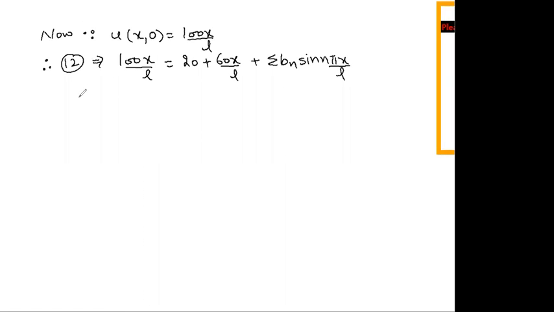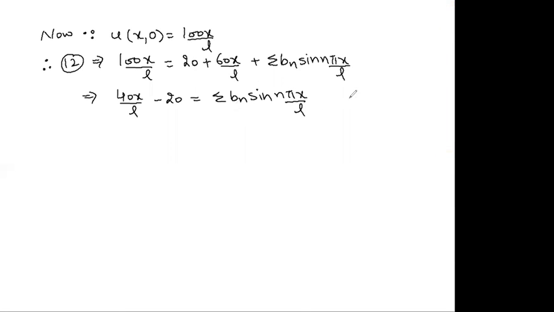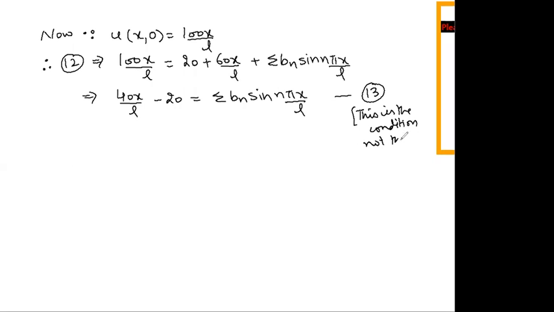So now you can see this implies 100 minus 60, it will be 40x by L minus 20, and this is equal to Bn sin(n pi x by L). So this becomes our equation number 13. Although this is not the equation, this is the condition, not the equation telling the value of U(x,t). You will understand this later when you solve it.